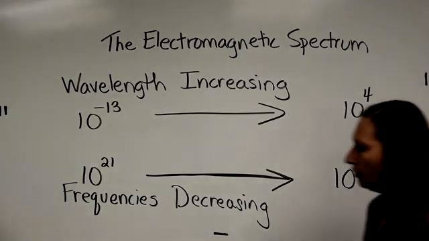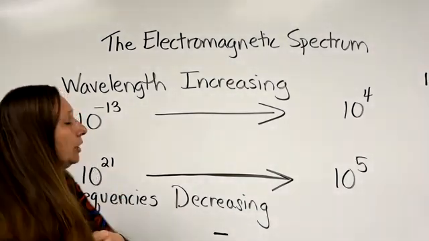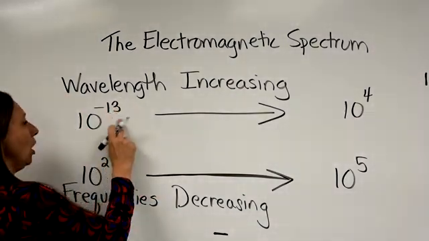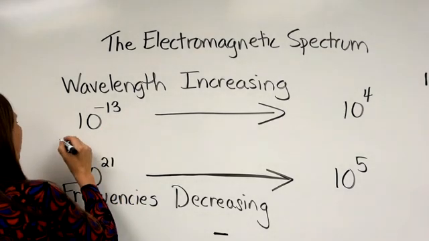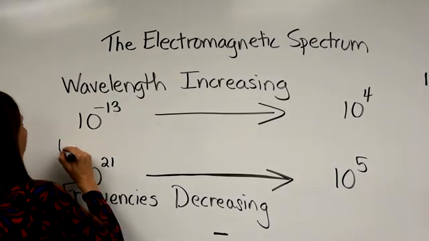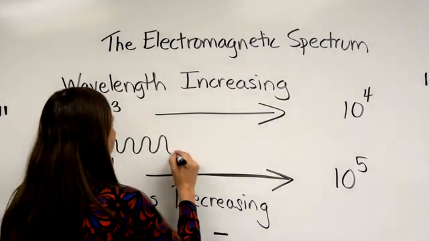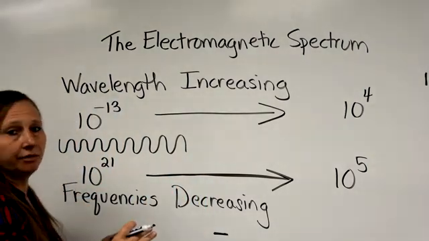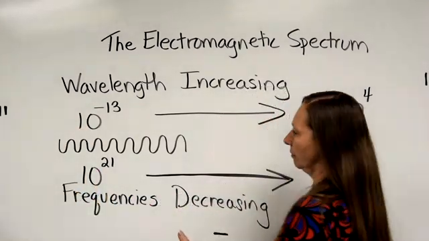Let me draw a quick sketch of a transverse wave that has a small wavelength but a high frequency. Over here, I'm going to draw a small wavelength with a high frequency. That would be the kinds of light to the left on the chart.